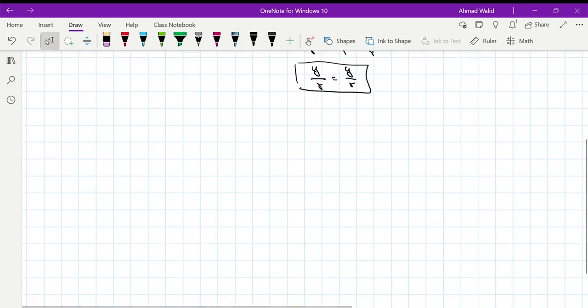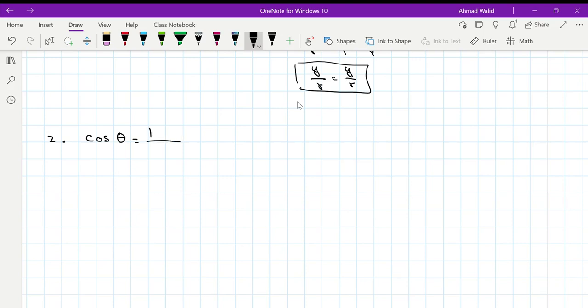Number two, same way. I don't want to do this proof for all of them. You just saw the first one, which works. Cosine theta equals 1 over secant theta. What was the reciprocal of cosine? The reciprocal of cosine was secant. Or the other way, secant theta equals 1 over cosine theta.